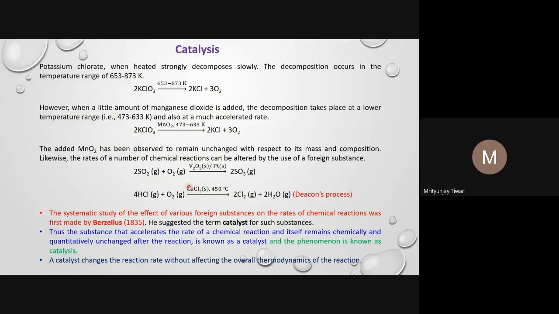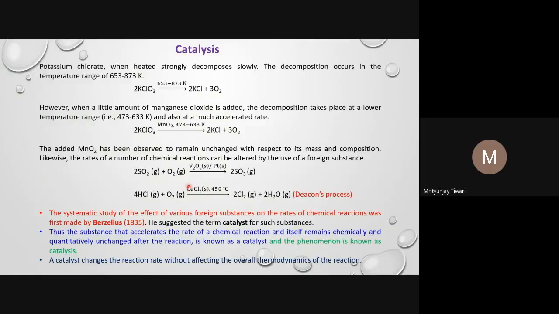What we also see is that the substance's composition and its amount do not get changed. It means that the presence of this foreign substance alone is enough for enhancing the rate of a particular reaction. The systematic study of the effect of various foreign substances on the rate of chemical reactions was first made by Berzelius. He reported these things in 1835, and he suggested the term catalyst for such substances.